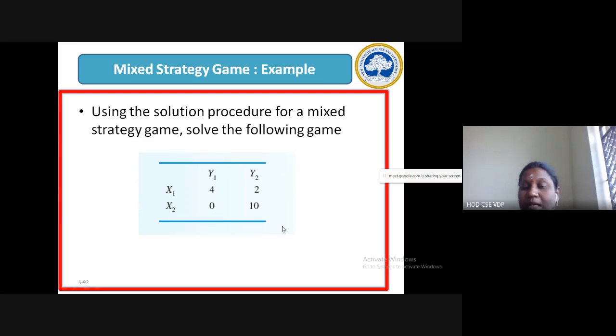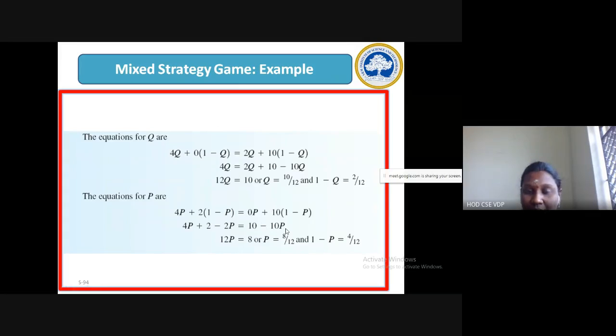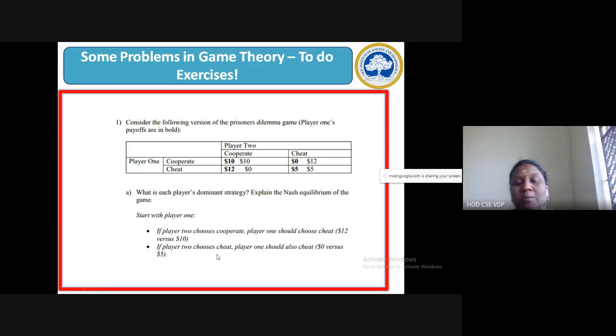Always remember it's going to be the gain for rows and the column is going to be the loss. So column-wise expected loss. Same method, you just have to apply expected gain and expected loss. Find the values of p and q, substitute them, and you will get the value of expected profit and loss.